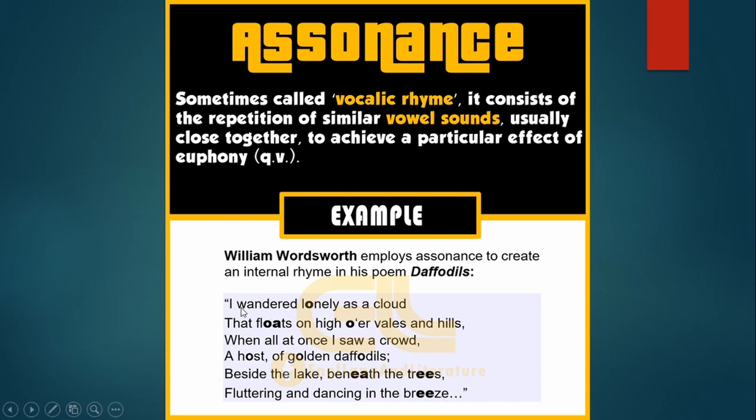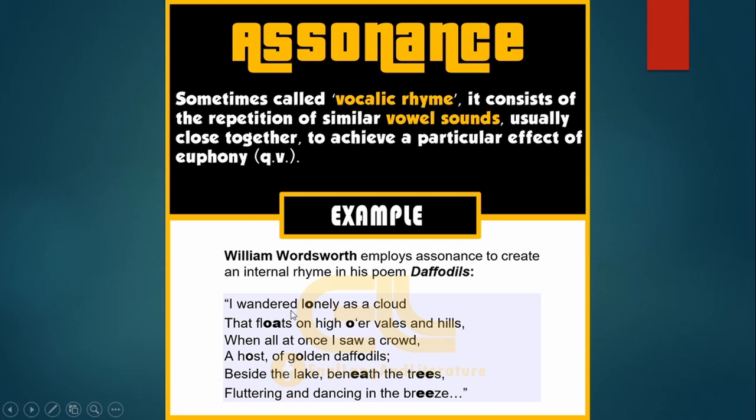So in the first line, you see there is the vowel sound O. In the second line, there is also the sound O: that floats on high o'er. So it creates a kind of euphony. It gives the effect of one sound. Host, gold, daffodils, oh, oh, oh.